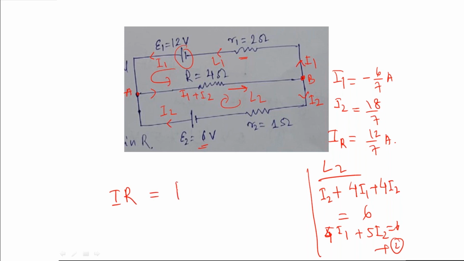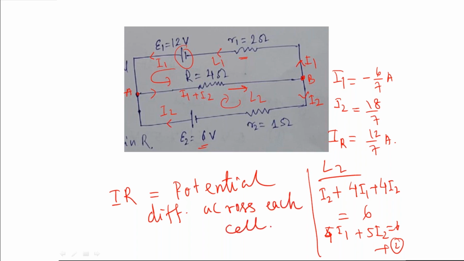So the potential difference across each cell will be 48 by 7.